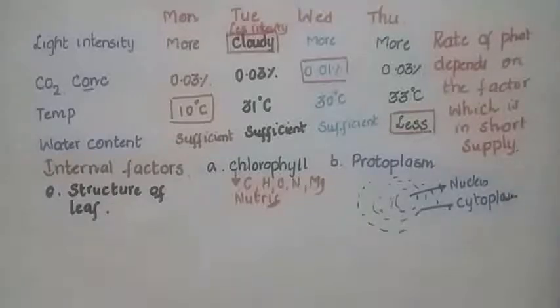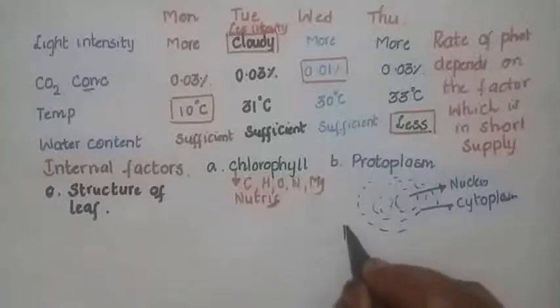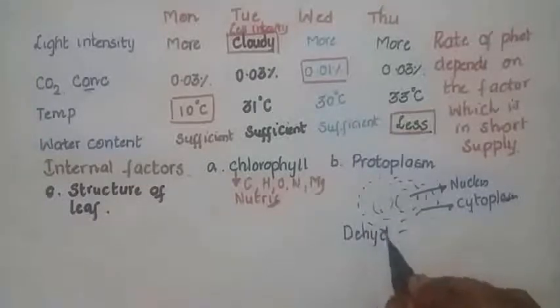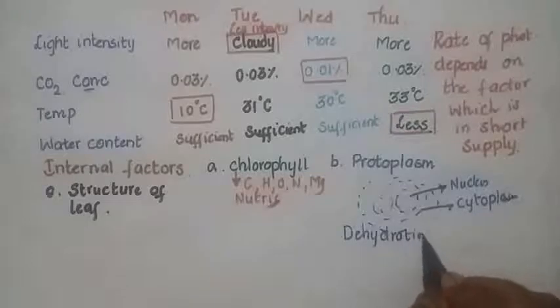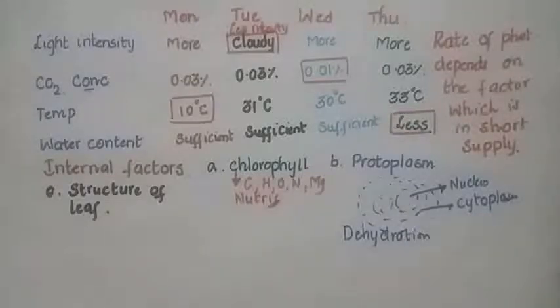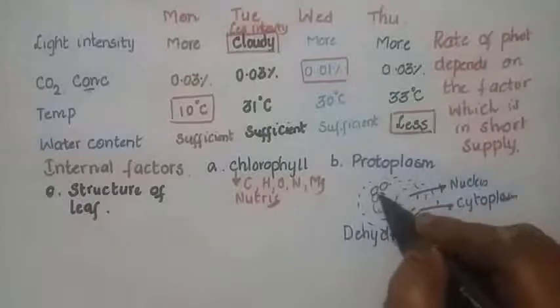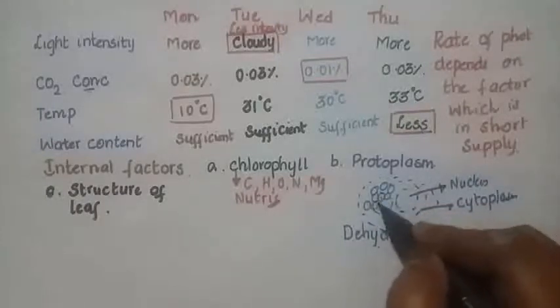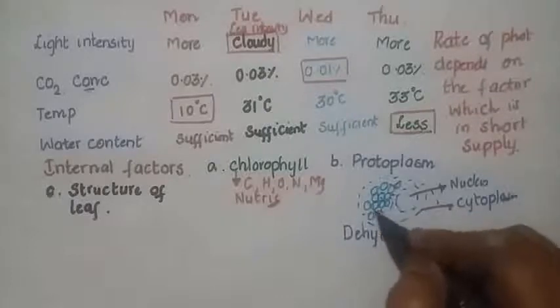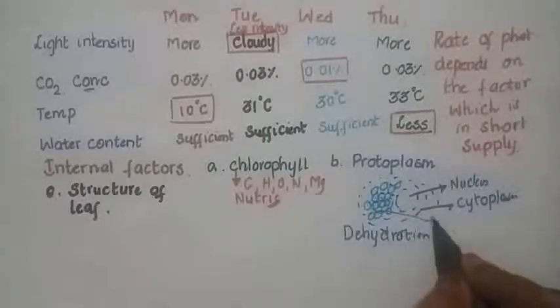In case there is dehydration, a lack of water in these cells or in the protoplasm, definitely that will affect the photolysis of water and the rate of photosynthesis will be very less. If not dehydration, in case there is an accumulation of starch, we know that in photosynthesis there is a formation of glucose molecules and many glucose molecules will change into starch.